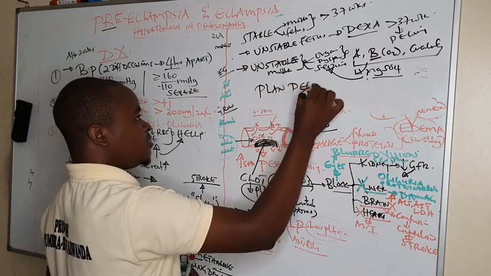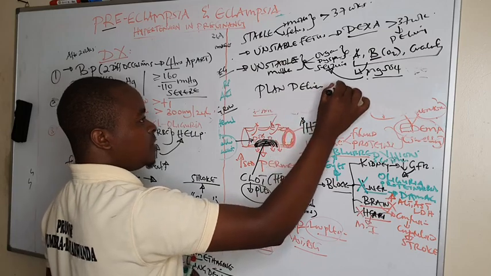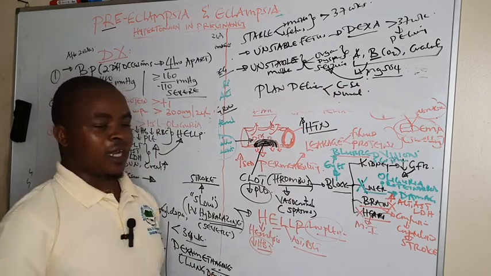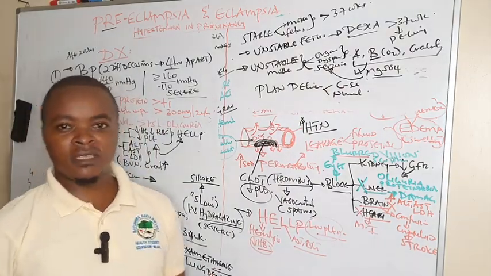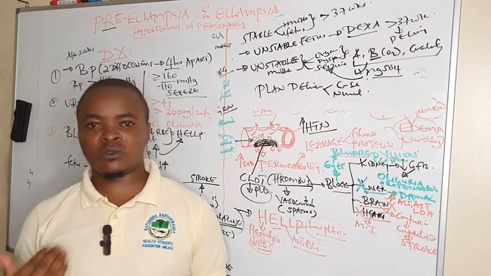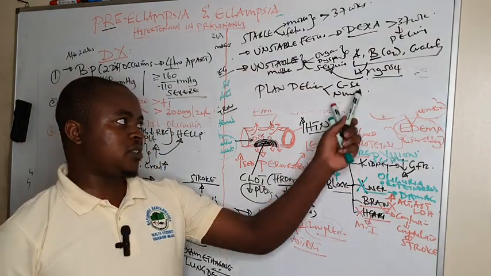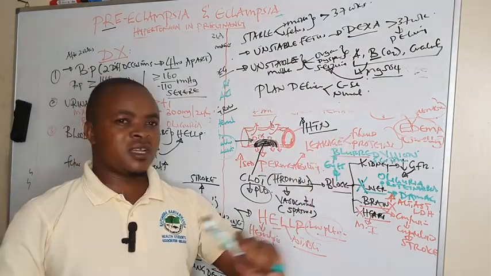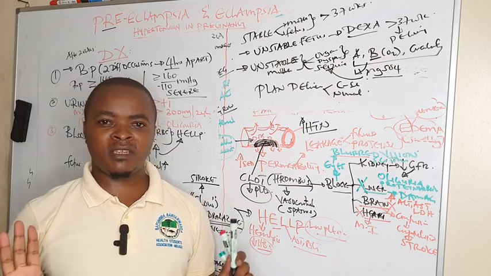You plan delivery. It can be by C-section, it can be normal, depending on how you assess the patient. If the previous delivery was a Caesarean, you might opt for Caesarean. Or if other conditions are normal, you can plan to deliver normally.